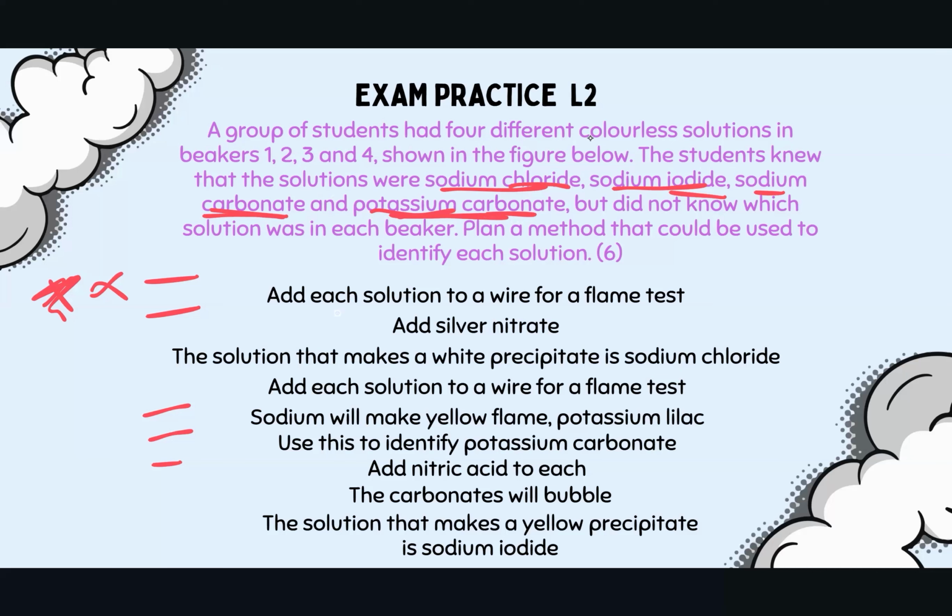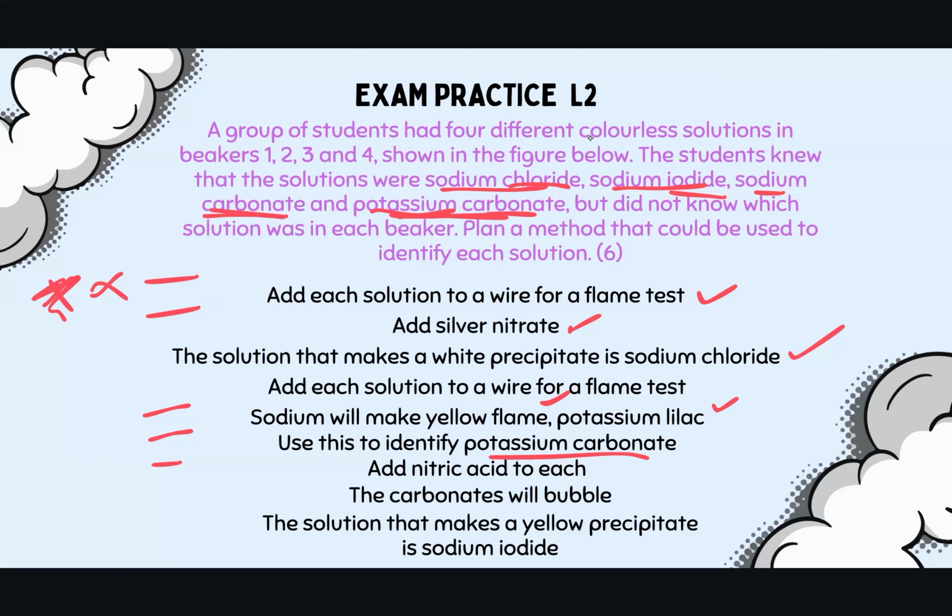So here, look: add each solution to a wire for a flame test. You can add silver nitrate to it. The solution that makes a white precipitate is sodium chloride. Sodium will make a yellow flame, potassium lilac, so that identifies potassium carbonate.